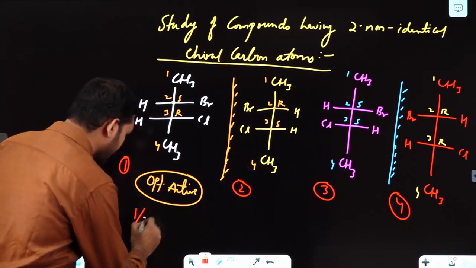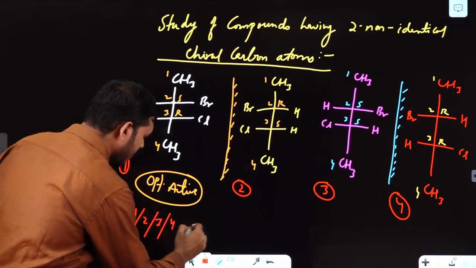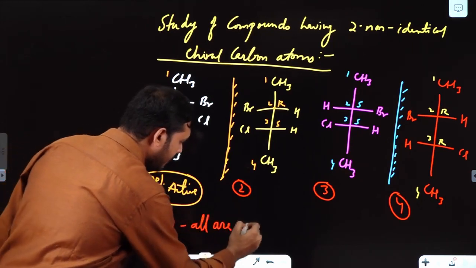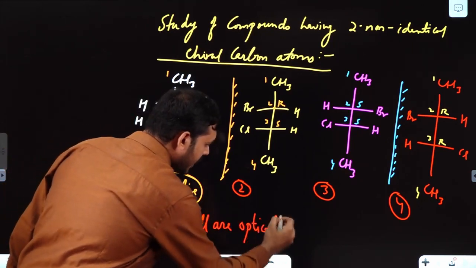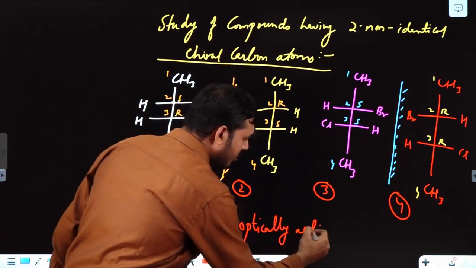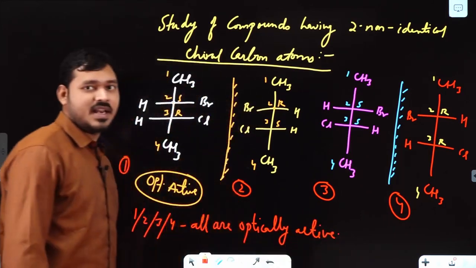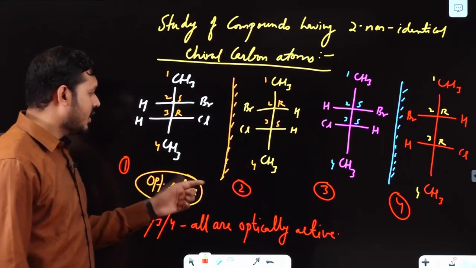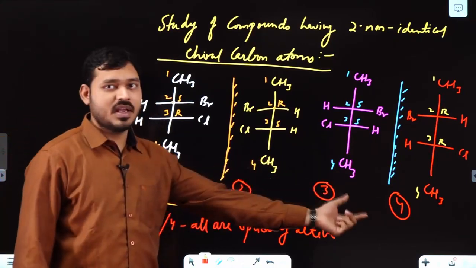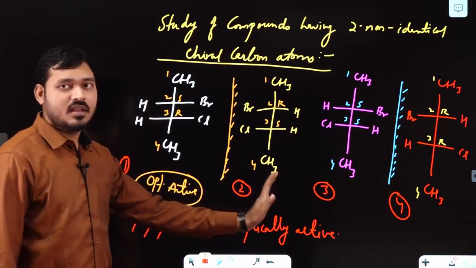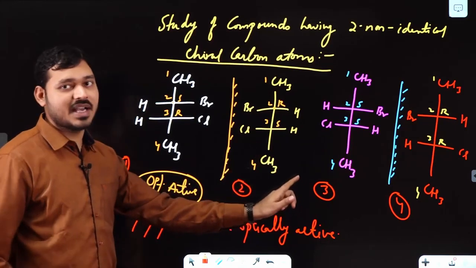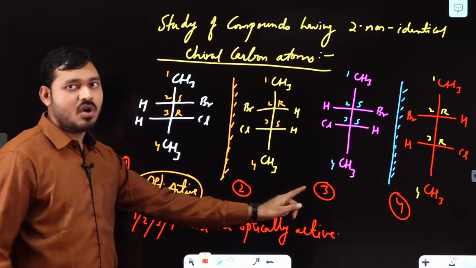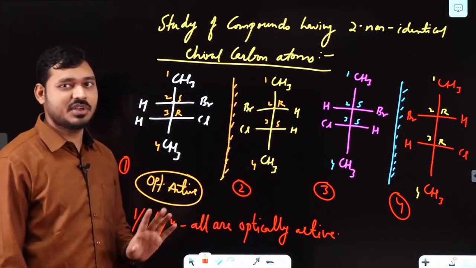So 1, 2, 3, 4 all are optically active. Now if I say relation: 1 and 2 enantiomer, 3 and 4 enantiomer, 1 and 3 or 1 and 4 diastereomer, 2 and 3 or 2 and 4 diastereomer.